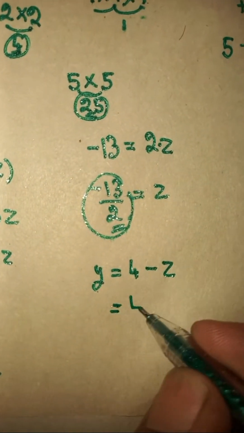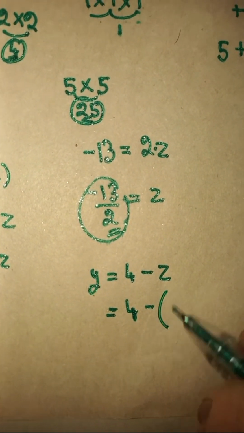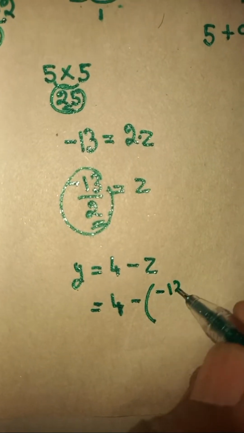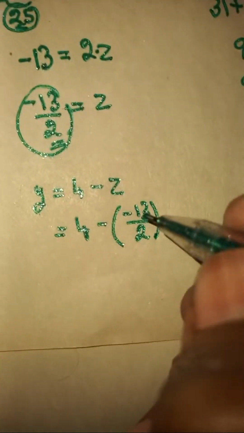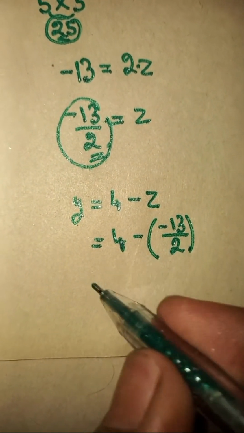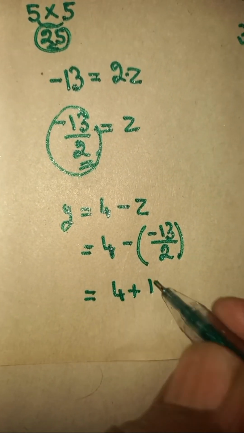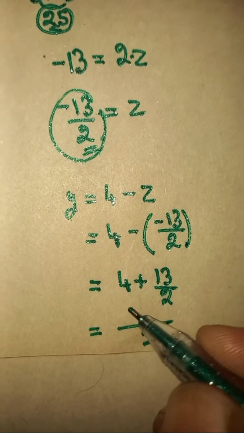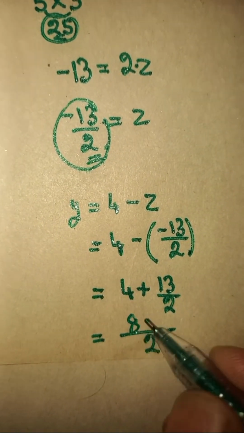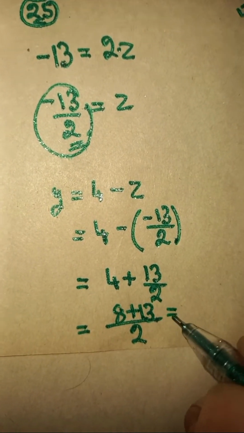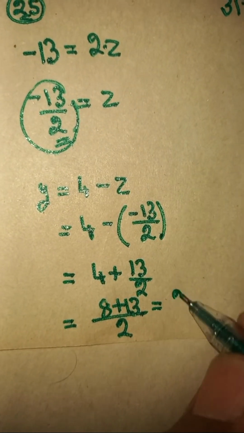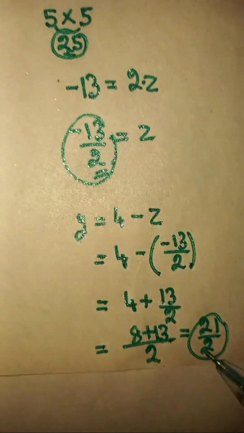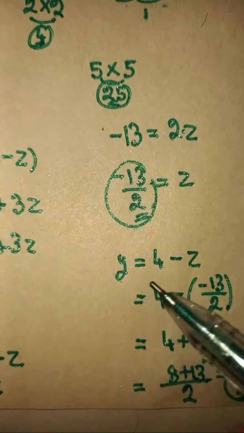Now you get 4 minus the z value, minus 13 by 2. Minus of minus is plus, 4 plus 13 by 2. In the denominator you get 2. 2 times 4 is 8. 8 plus 13 is 21. 21 by 2. That's the value of y.